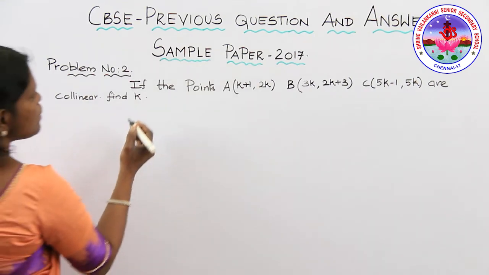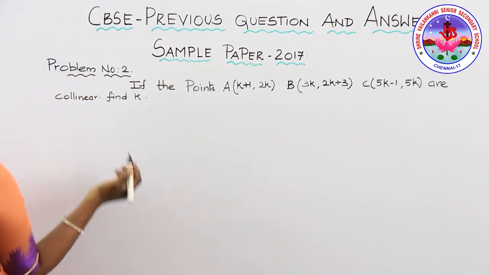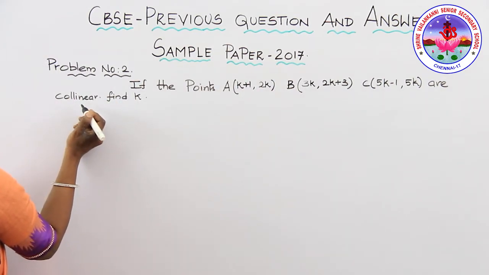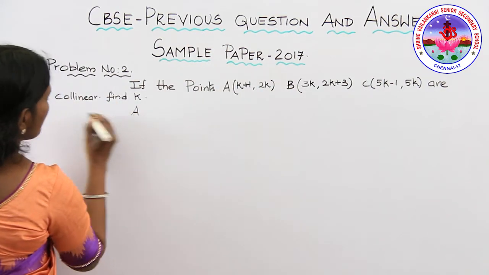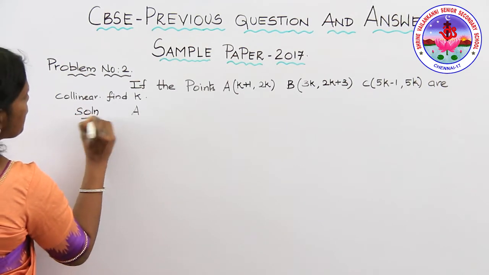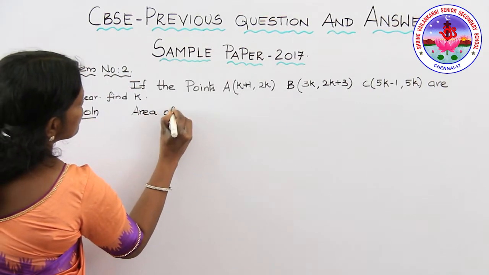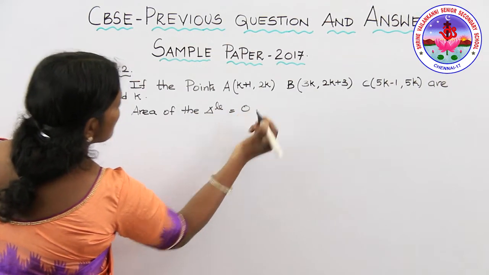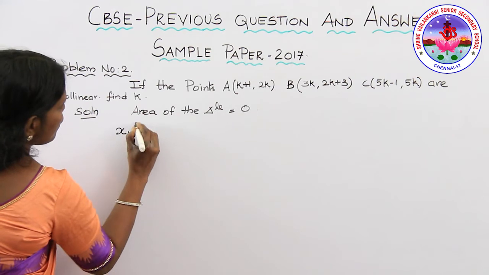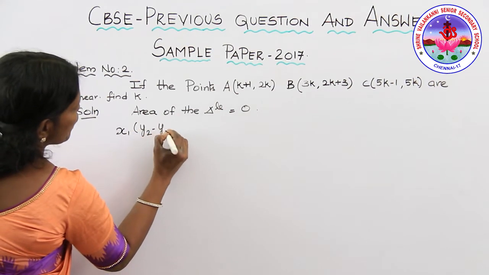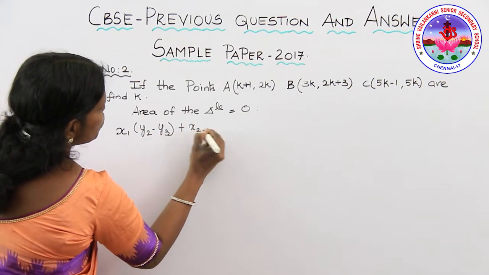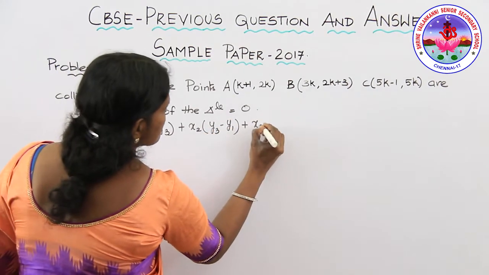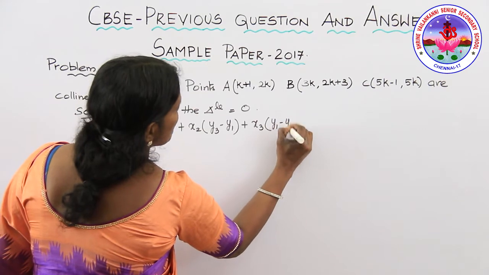So we know that in coordinate geometry, if the points A, B, C lie on the same line, the area of the triangle is equal to 0. The area of the triangle is x1 into (y2 minus y3) plus x2 into (y3 minus y1) plus x3 into (y1 minus y2).